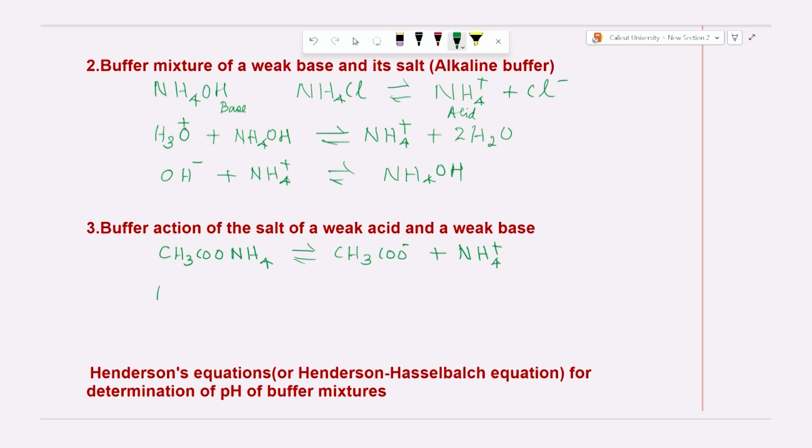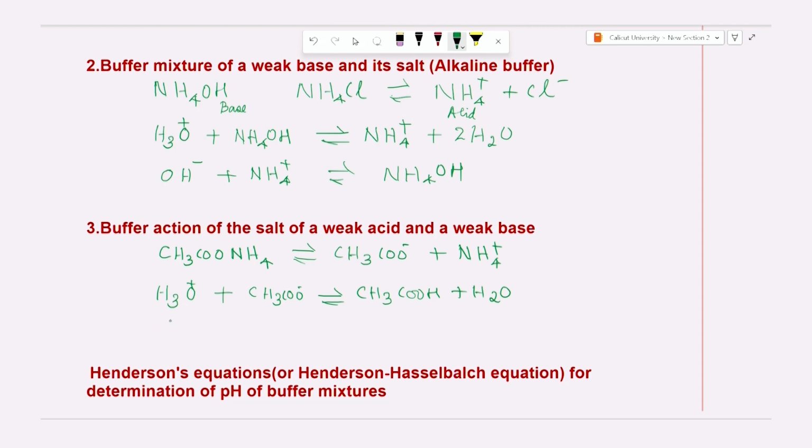Now, if I add an acid, the acid will combine with the basic part, that is CH3COO minus, and converts that into CH3COOH plus water. So, you will not get any excess of hydronium ions in solution.